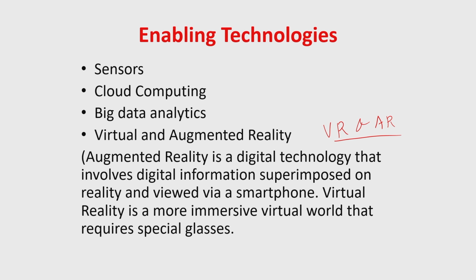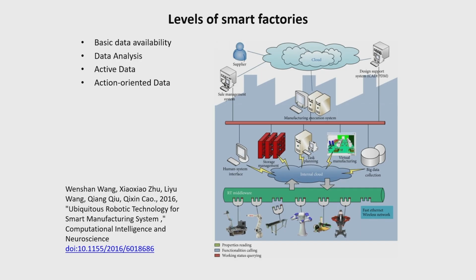Now let us discuss the levels of smart factory. You need basic data availability at the first level. A very low-level smart factory at least provides basic data.